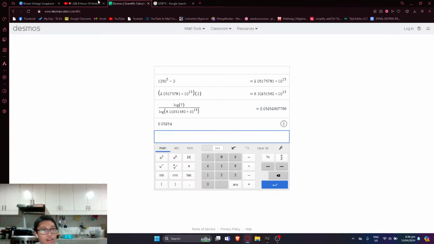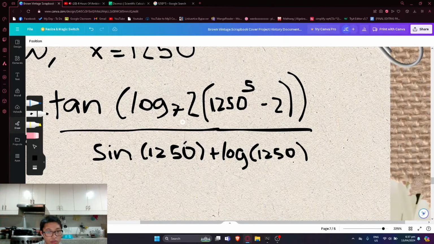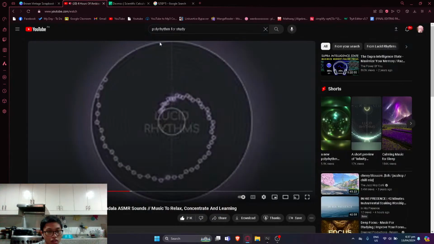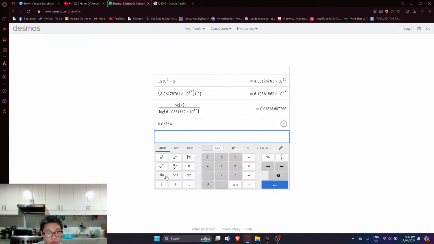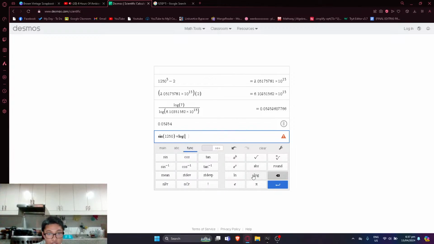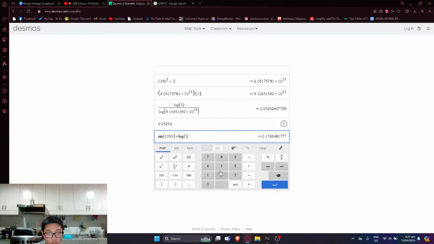Next we need to get the sine of 150. Sine of 150 is 0.5. Let's add that to log base, then 150 is 3 point this thing.